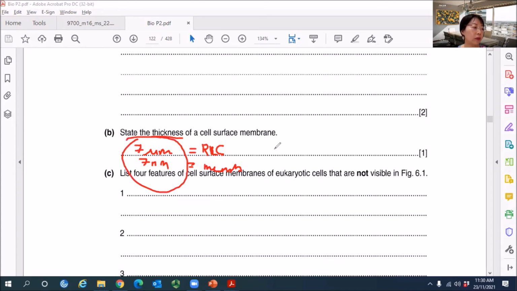And the size of the nucleus is bigger than a red blood cell, which is 10 micrometer. 10 micrometer is the size of the nucleus. Red blood cell has no nucleus, that's why it's smaller than 10 micrometer. So these are the values that you want to memorize to make it easy.